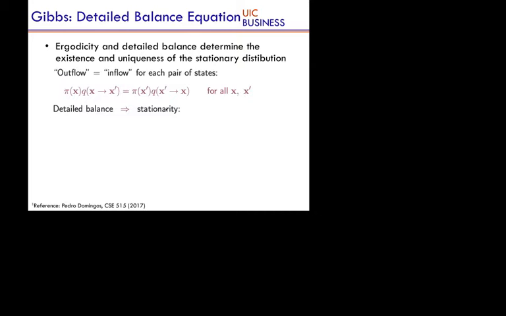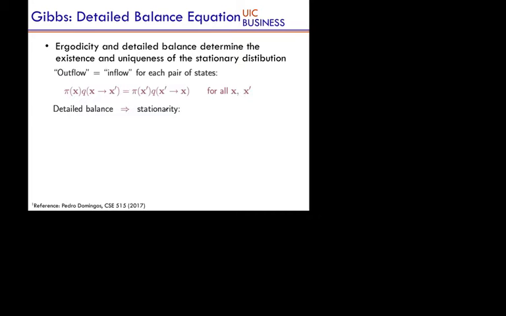Ergodicity just means that the Markov chain is aperiodic, in the sense that there is no cycle when coming back to the same state, and it's positive recurrent, in the sense that the mean time to get back to that state is finite. If those two hold, it's called ergodic.